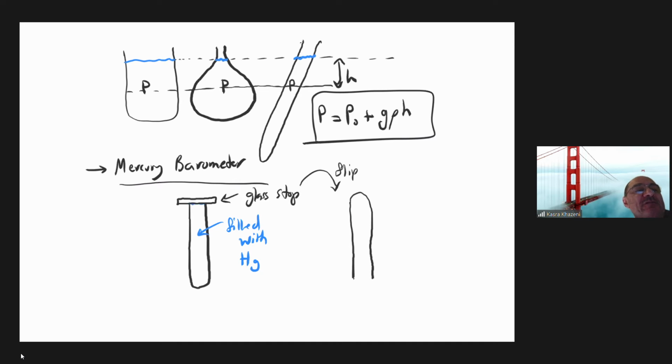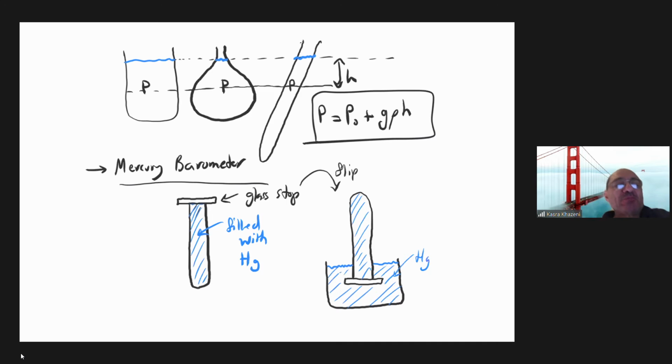Okay, so this is still mercury in it. All right, so you flipped it. Now you're going to bring a container, and that container has mercury in it already.